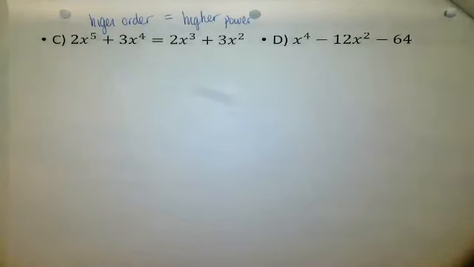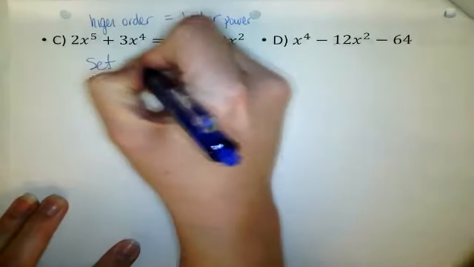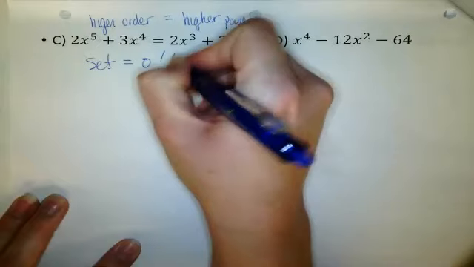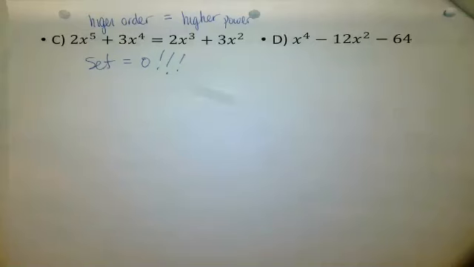So how do you solve anything with higher powers? Put it in your calculator. Factor. Okay, before you can factor, what do you need to do? Get it all on the same side. Very good. So set it equal to 0 is always a great starting point.